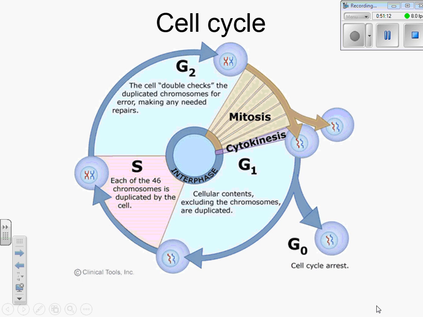We've got interphase, this bit here that goes from there round to there. And there are 3 parts to interphase. Now, these are not divided up by any sort of scale that represents time. All right? It's not that, let's say, a cell had a cell cycle that lasted a year.